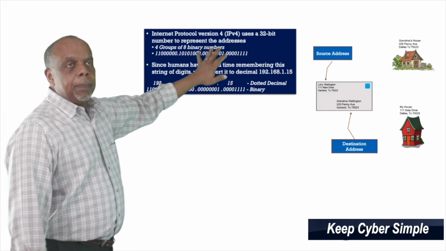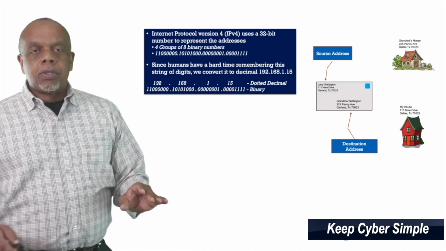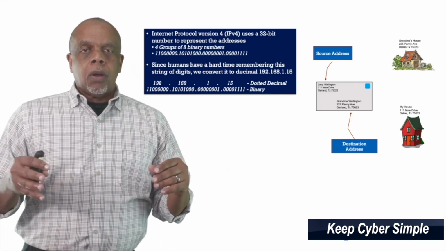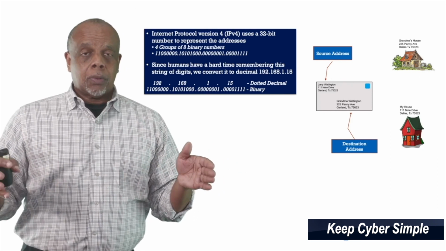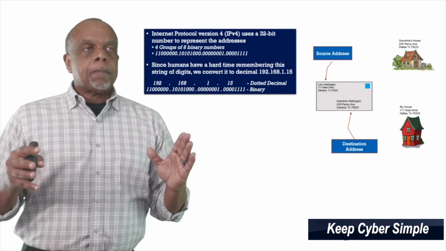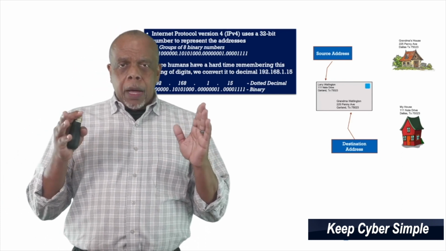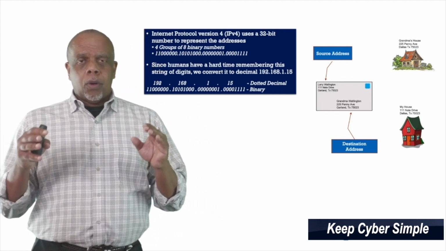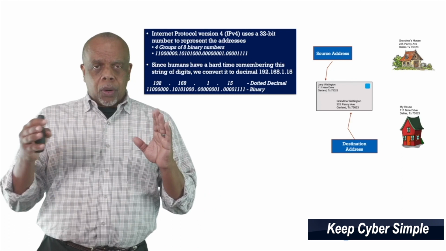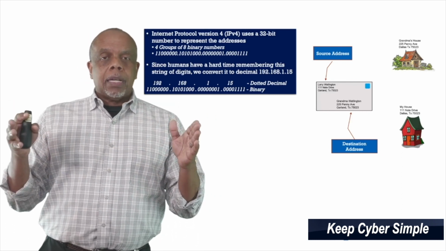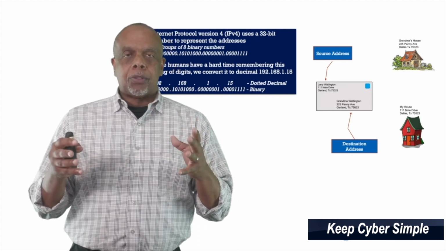So when we think about IP version 4, what that uses is a 32-bit number, from 0 to 31 is really what it uses. Those 32 bits are how many fields of ones and zeros you have, because it's binary, that you can set up an IP address with.